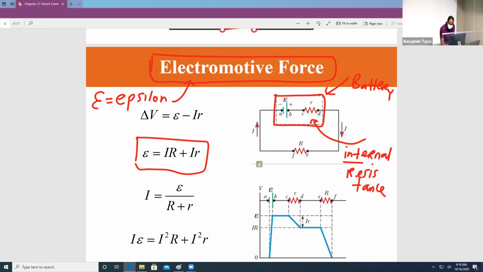Now this internal resistance kind of reduces the voltage.